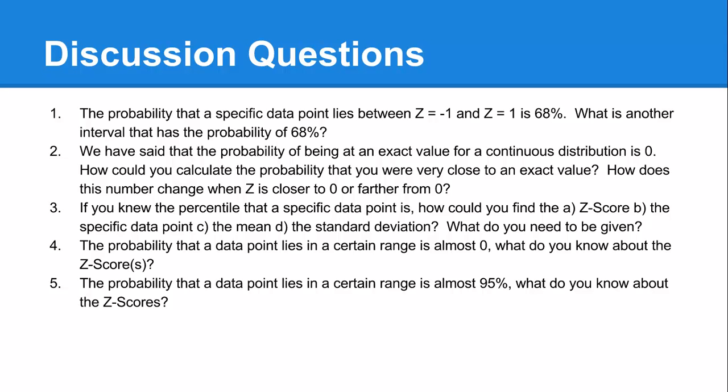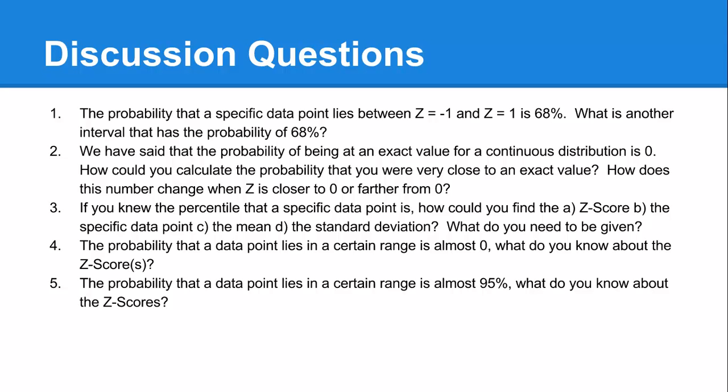We've said that the probability of being an exact value is 0. How could you calculate the probability that you're very close to an exact value? And how does this number change when Z is closer to 0 or farther away from 0? This goes back to taking two Z scores very, very close together, 0.01 apart. They almost become 0 when we're far away from the average. When Z is close to 0, that means Z is close to the average.